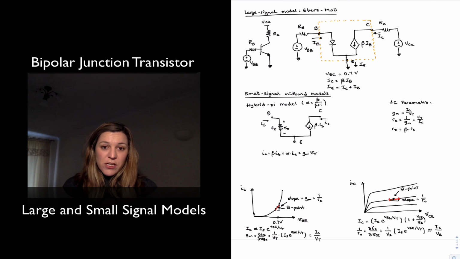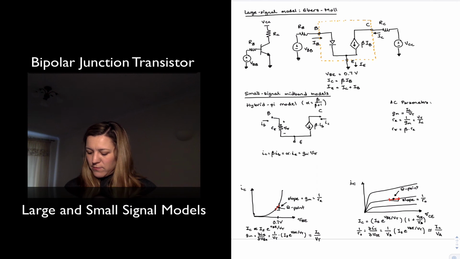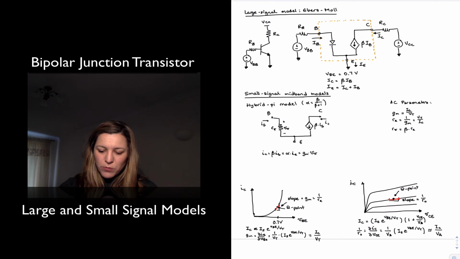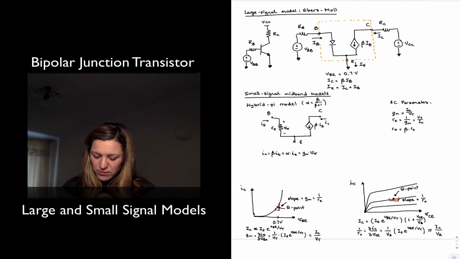Now, in the previous case, we also didn't take into consideration that factor of 1 plus VCE over VA, but we could have back here also said, oh, this is times, to be more precise, 1 plus VCE over the early voltage. And notice that will not have changed our results in the least bit.